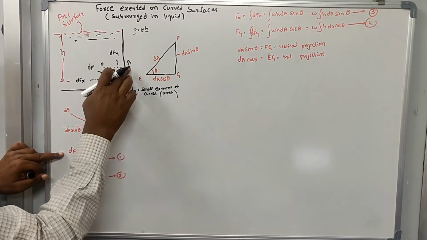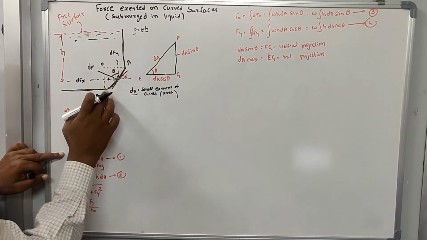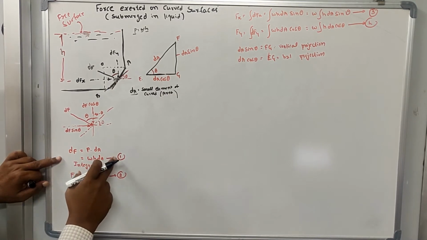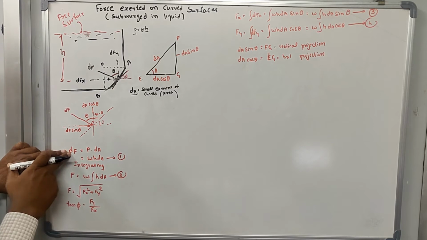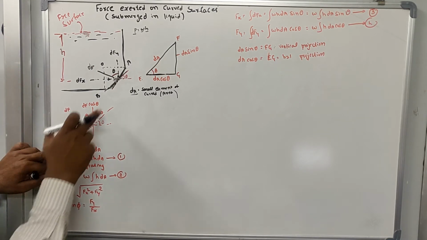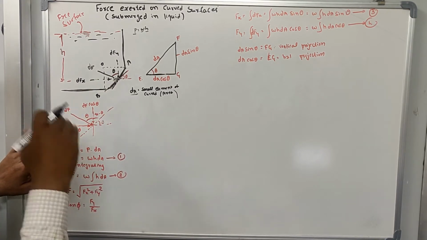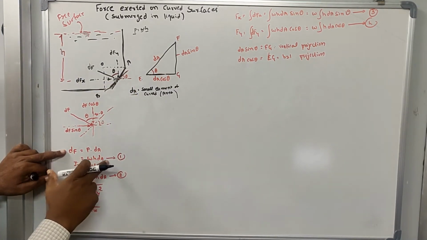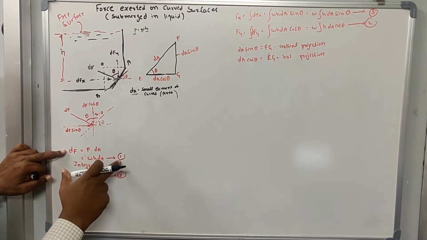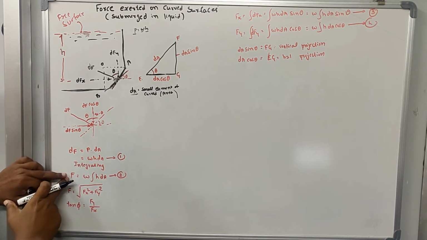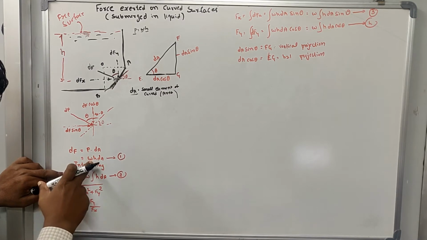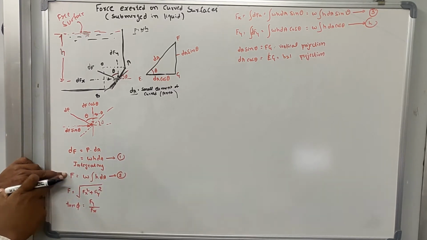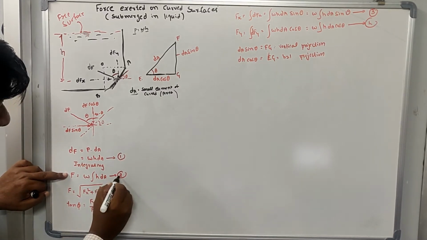To know the force exerted by the static mass of fluid on this entire curved surface, you integrate equation 1. dF is the force exerted on this small element, so integrating equation 1, integration of dF is F, and w is the unit weight, which is a constant, so you take it outside the integral sign, and this leaves the integration of h dA. This is equation 2.